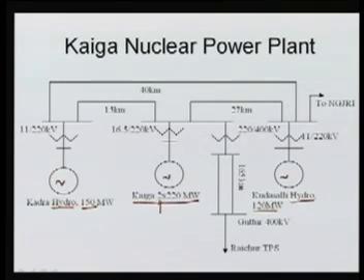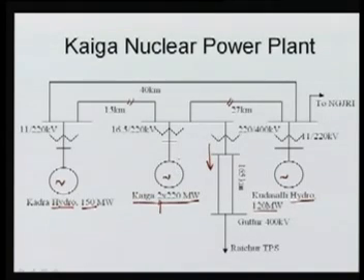When the lines connecting the Kadra hydro as well as the Kodasalli hydro, this line as well as this line, are in outage condition, the whole power of Kaiga will be evacuated through this double circuit line from Kaiga to Guttur, and finally it is going to Raichur and also the Raichur thermal power station.